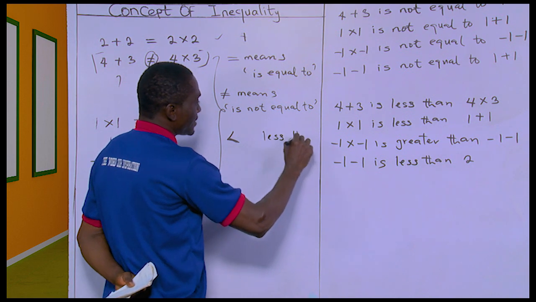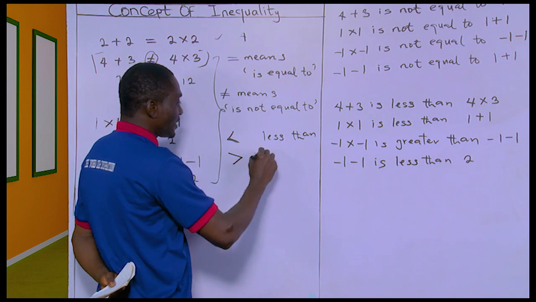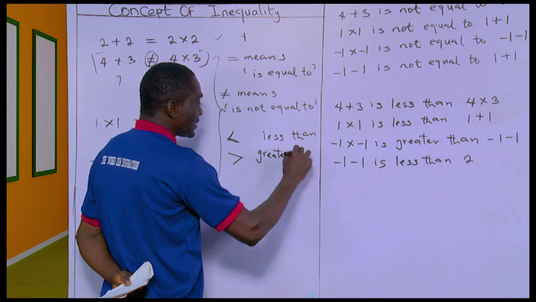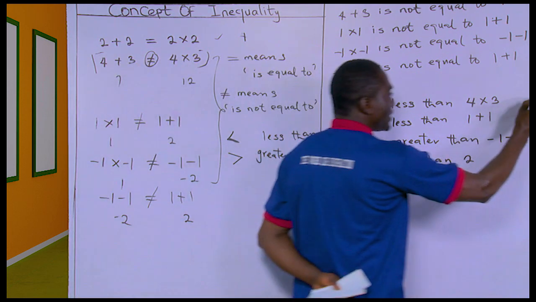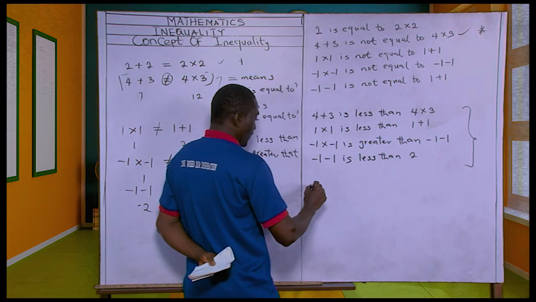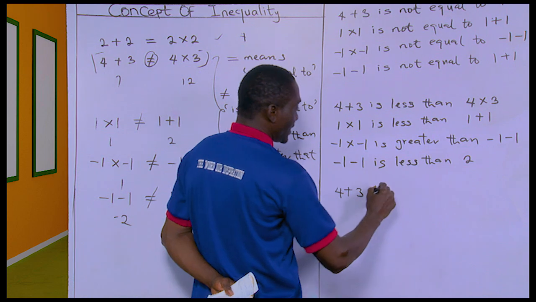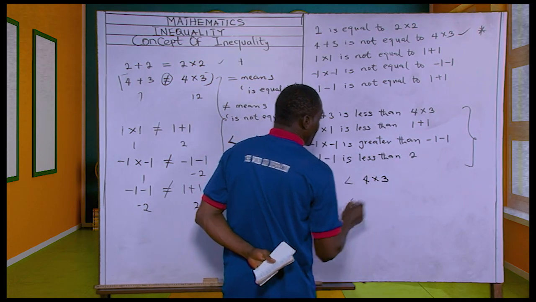This one means greater than. And if I want to write all this, I will say 4 plus 3 is less than 4 multiplied by 3.